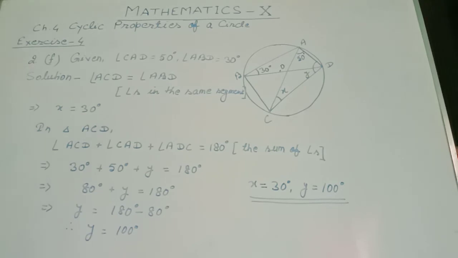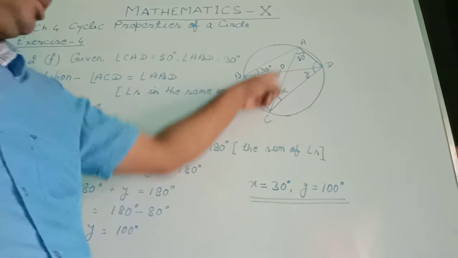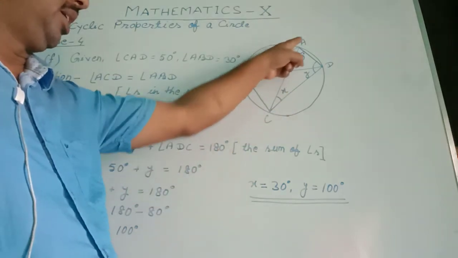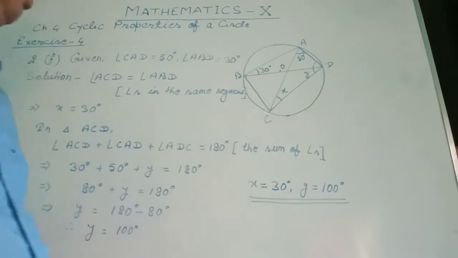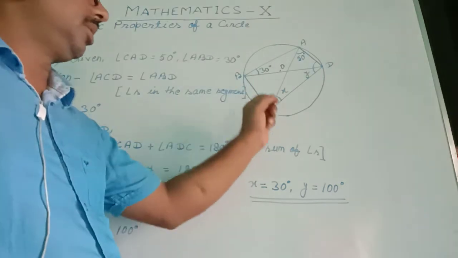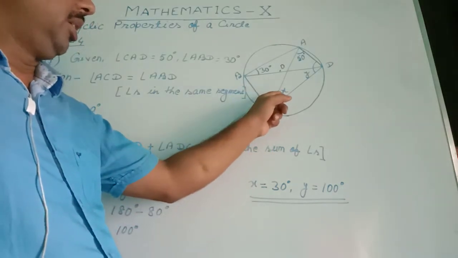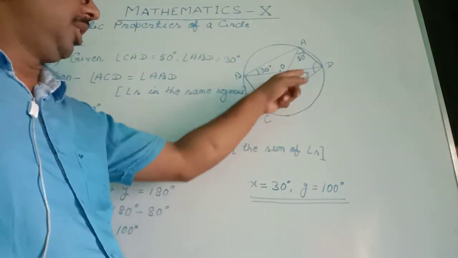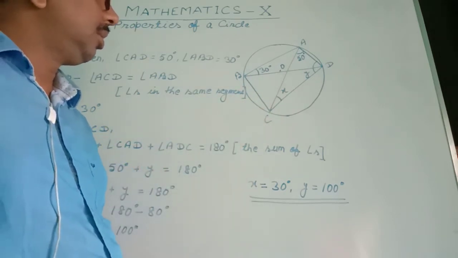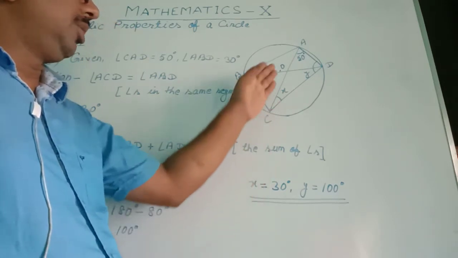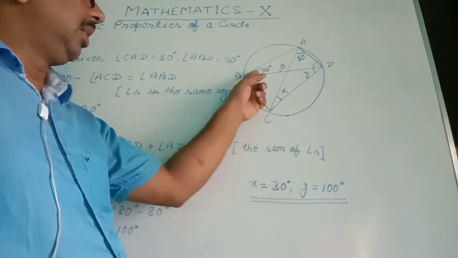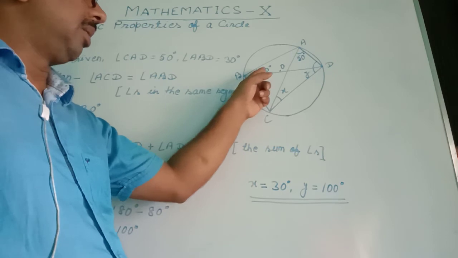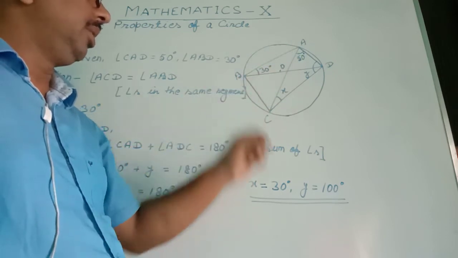So first I wrote angle ACD, this angle, and angle ABD, this angle. These two angles are in the same segment. I repeat, why are these two in the same segment? This angle is subtended by these two chords AC and DC. So the starting points of these two chords became A and D. And this angle 30 degrees is subtended by these two chords AB and DB.